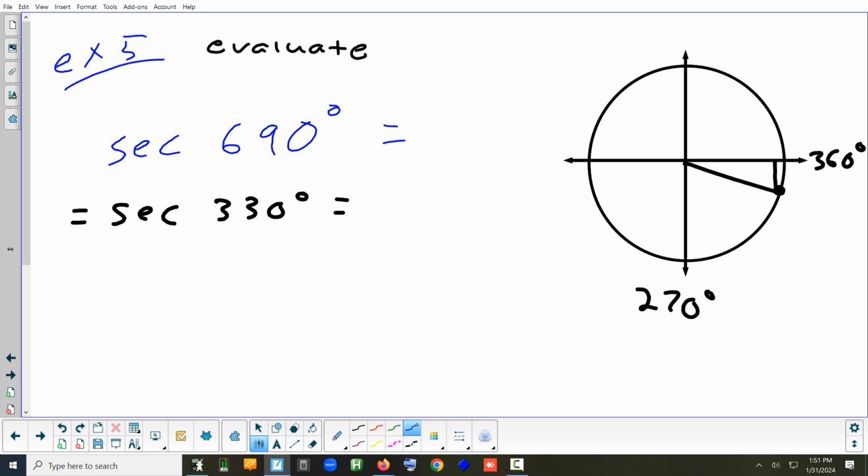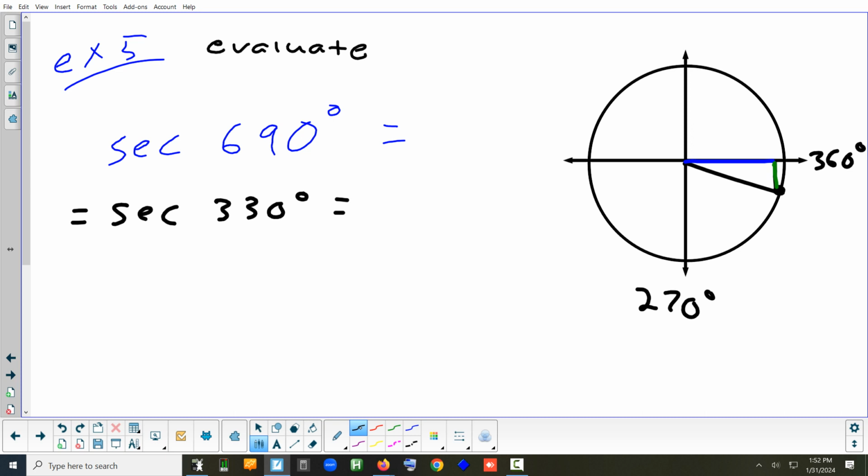We definitely have a long side and a short side. Let's do the long side. What's the length of the long side in the 30, 60, 90?